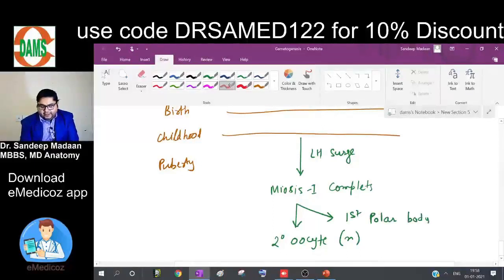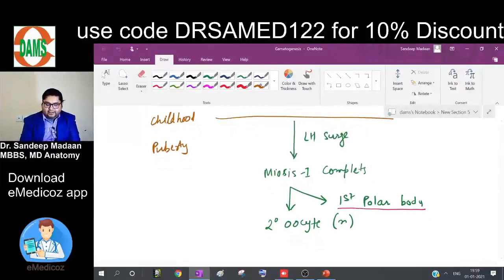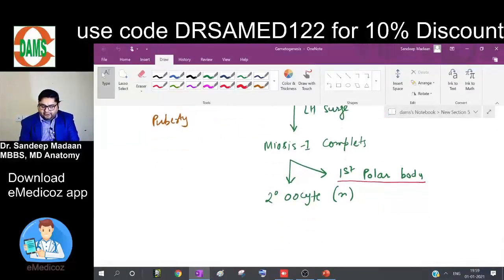Now polar body is again different from spermatogenesis, because we don't have any polar body in spermatogenesis, right? Now secondary oocyte, which is formed here, just after formation will enter into meiosis 2.